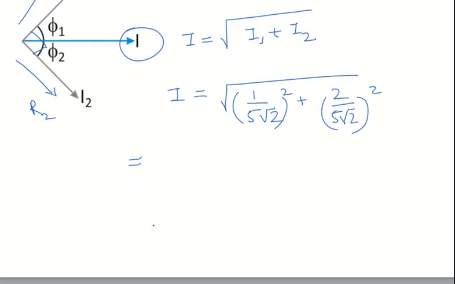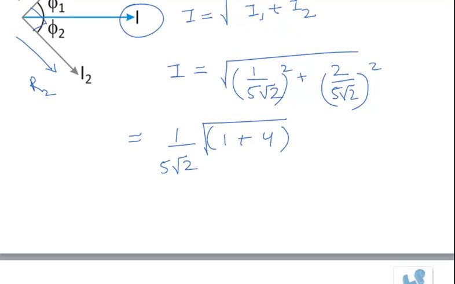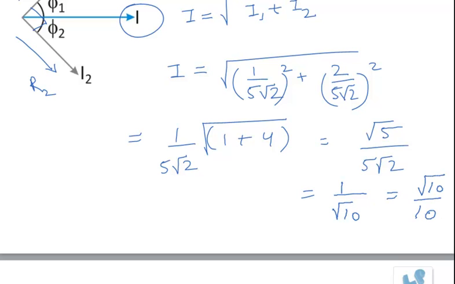Now 1 by 5 root 2 will come out of the under root expression as a constant, and we have under root of 1 plus 4, which gives root 5 upon 5 root 2, which can be written as 1 upon root 10 or root 10 upon 10.